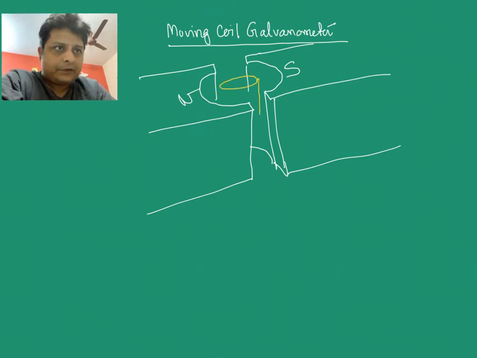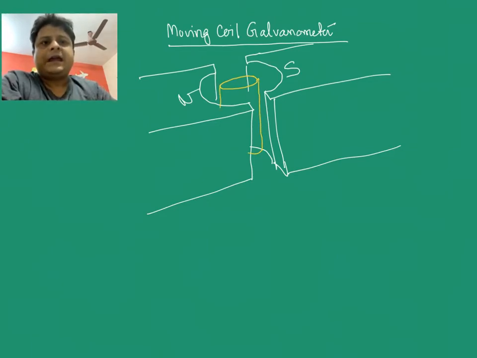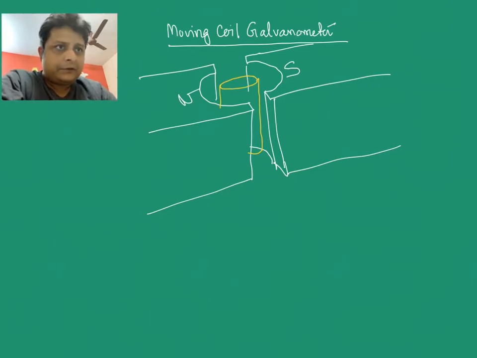I will draw again in detail, and wrapped on the soft iron core is a coil like this.